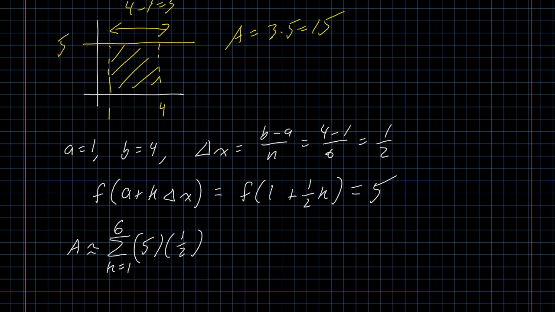This is a really easy summation. The sum of a constant is that constant times n. 5/2 times 6 is 15, which is exactly what we said we were going to get when we started.